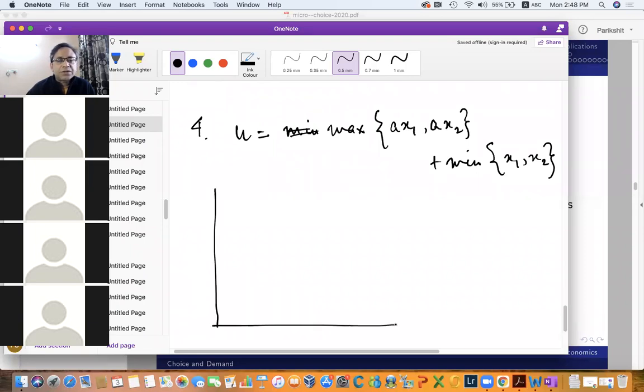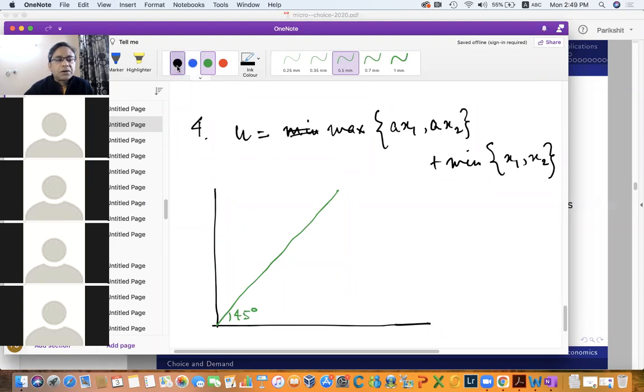So draw a picture. Let me draw the 45-degree line as someone just suggested. Which is min, which is max, depends on whether we are above the 45-degree line or below the 45-degree line. Okay, so let's take each region by turn.